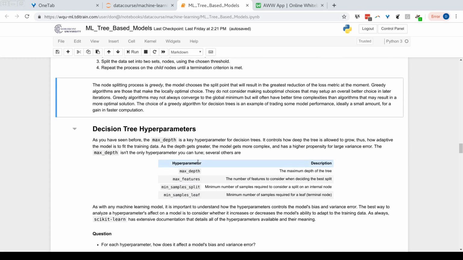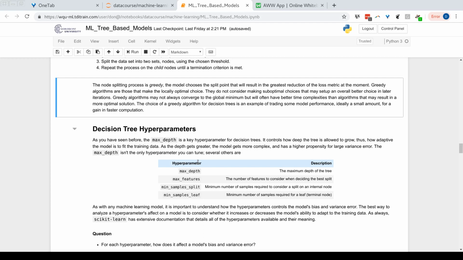So let's discuss some of those key hyperparameters for decision trees. We have max depth. Max depth is going to control the growth of the tree. How deep can it grow? As our tree gets deeper, our model gets more adaptive. We create more parameters that can fit the training data. That's good up to a certain point.